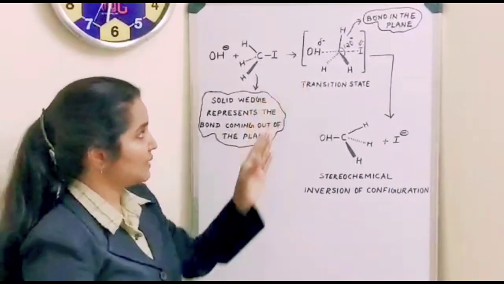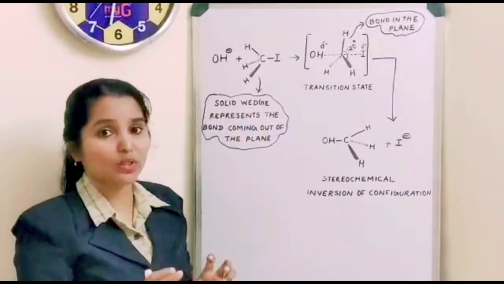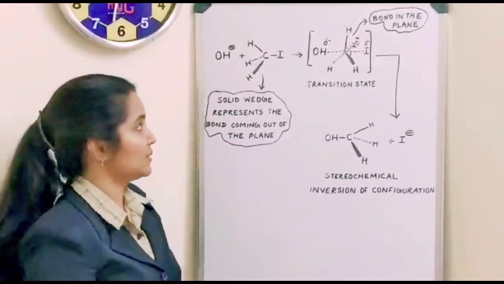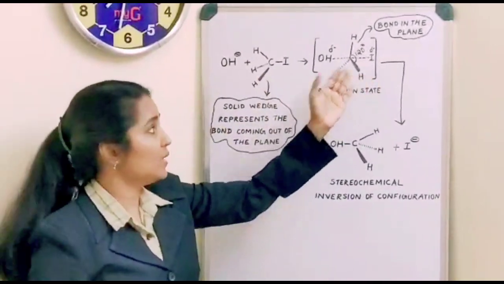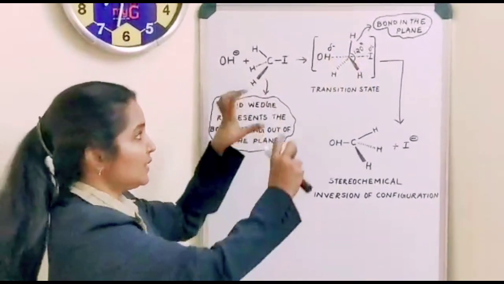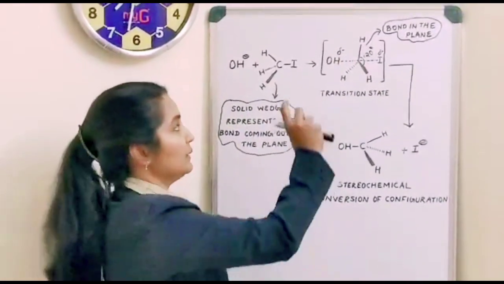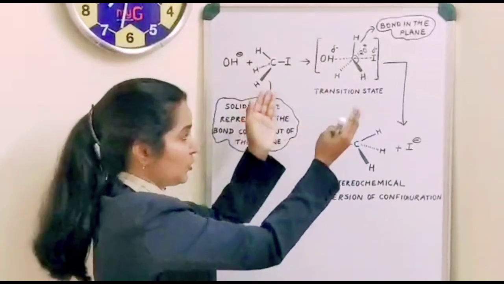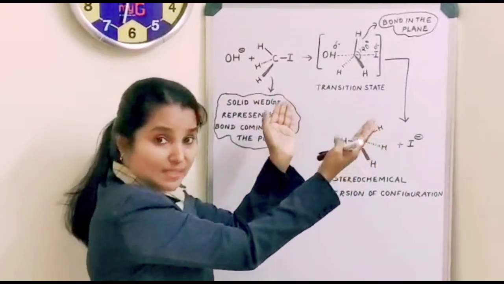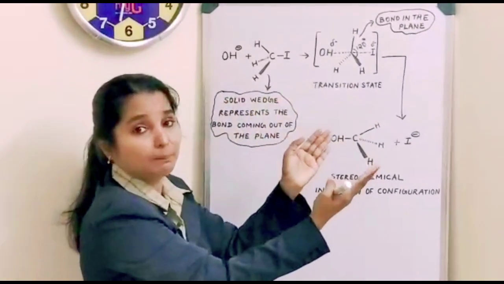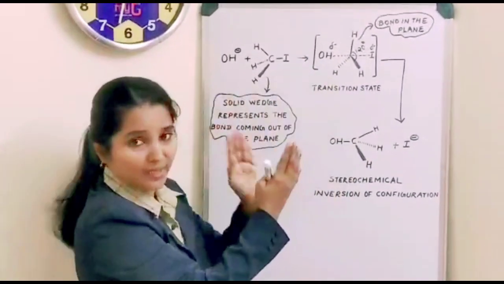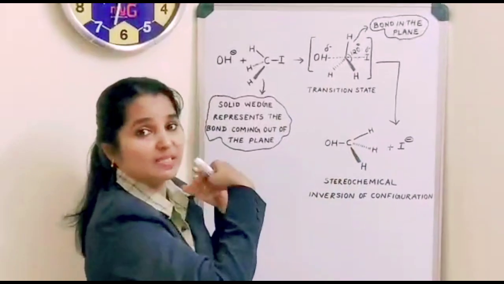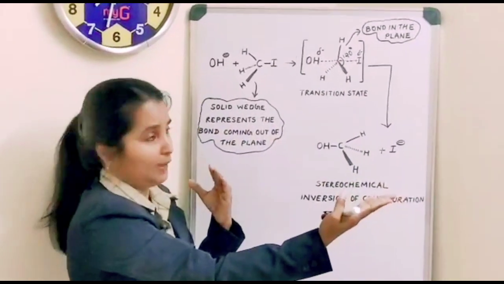In this case you can see carbon is bonded with five atoms: three hydrogen atoms, one hydroxide ion and one iodide. So it is not possible. Two processes are taking place in the transition state at the same time. One is the attachment of the hydroxide ion, and the second is the detachment of the iodide ion.